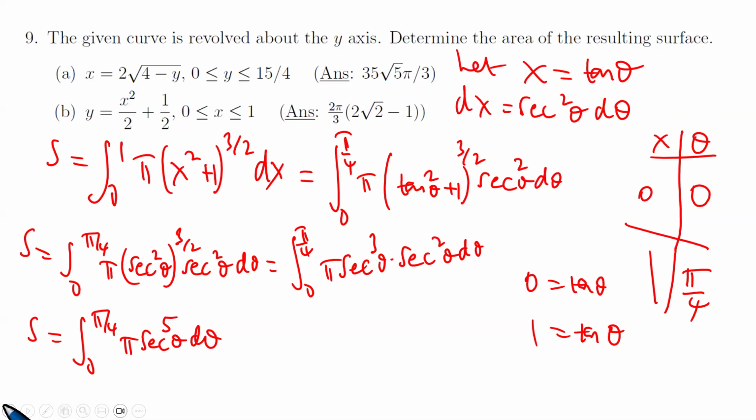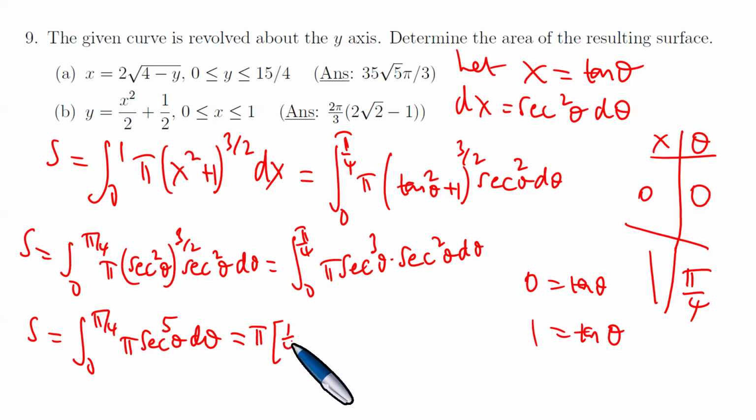So now whenever you have the integral of the sec to the 5th power, what we know then is that you're going to have pi outside.